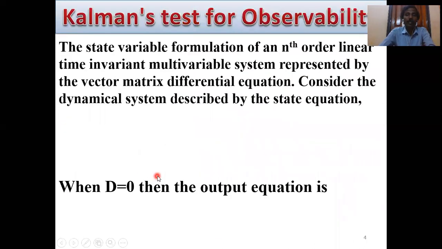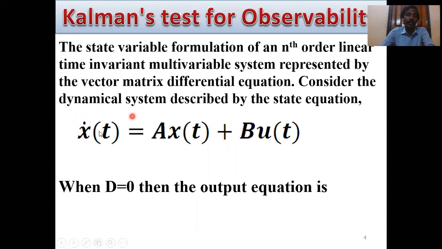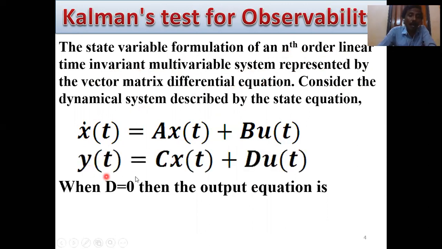Then the Kalman test of observability. The state variable formulation of an nth order linear time invariant multivariable system is represented by the vector matrix differential equation. Consider the dynamical system described by the state equation x dot of t equals A x of t plus B u of t, and the output y of t equals C x of t plus D u of t. x dot of t is called the state equation.